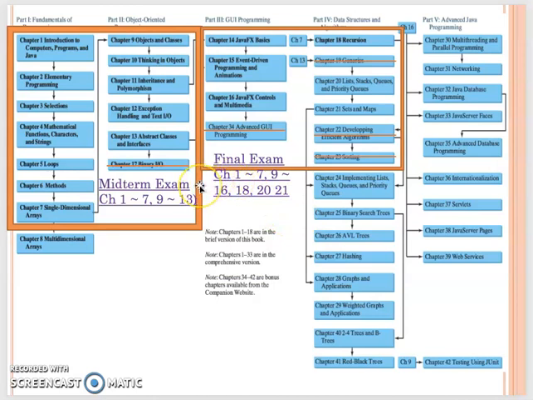So after the last module we covered, you will have your final exam. So the final exam is comprehensive. You can see the midterm exam we covered chapter 1 to 7 and 9 to 13. So then afterward we start talking about GUI. So then we have chapter 14 to 16. In the past 2 weeks, we talked about the data structure.